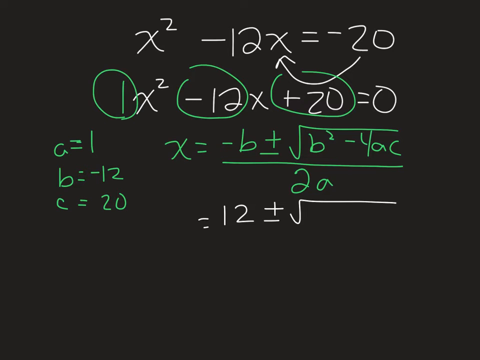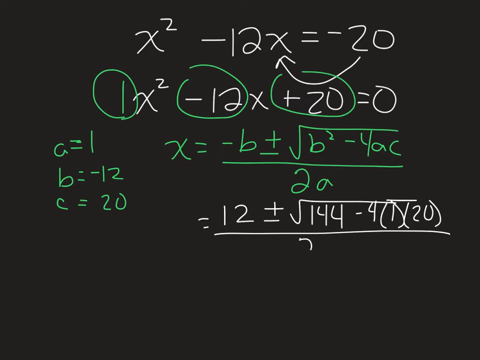Well, if b is negative 12, then negative 12 squared is negative 12 times negative 12, which is 144. Minus 4 times whatever a is, times whatever c is, which is 20. And again, all of this is over 2 times whatever a is.